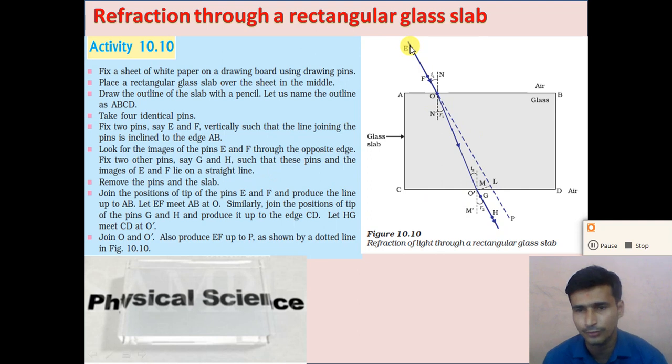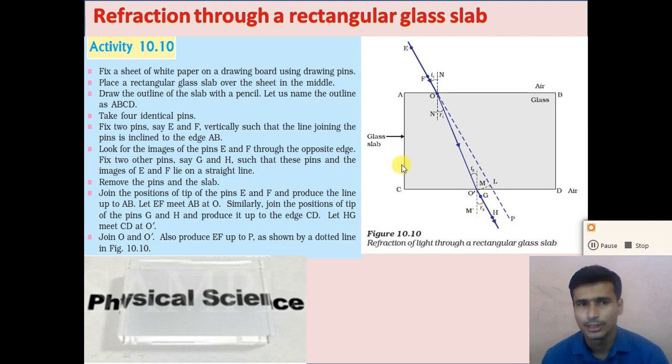So first of all, fix the two pins E and F on the side of AB and then look at the image of these two pins E and F on the opposite side, that means from the side CD, and fix another two pins G and H such that all four pins E, F, G and H lie in a straight line.